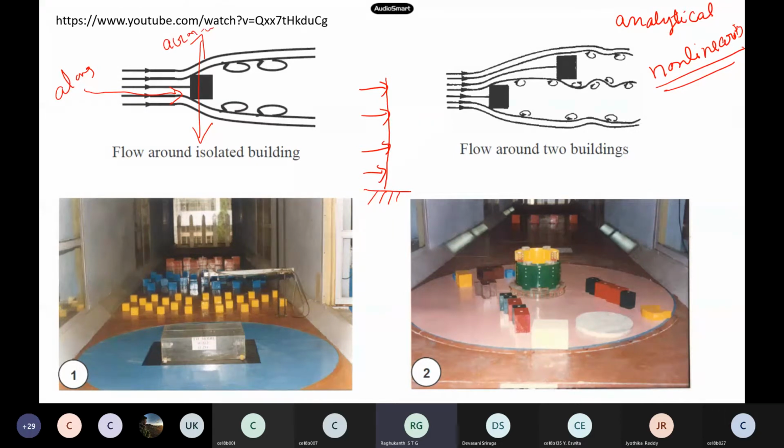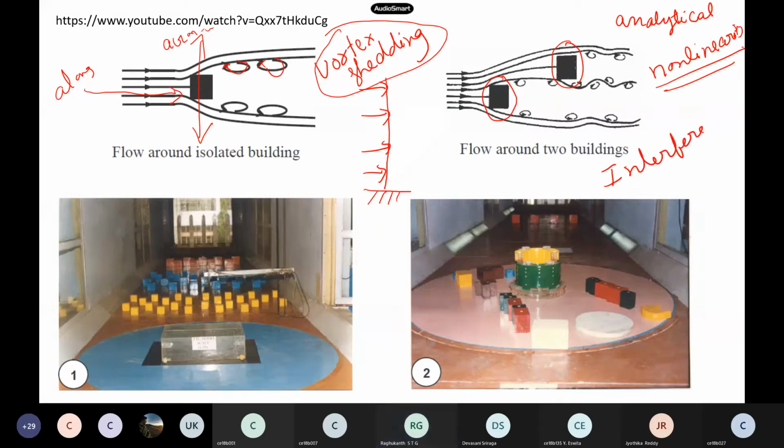And then you will see that video also. You have seen some small vortices get formed, vortex shedding they say. Because of this perpendicular vibration, perpendicular to the direction of the wind, you will see these types of features also, vortex shedding, and so many things will be there. And suppose I have a building here and another building nearby, then things become much more complicated, and we also call this the interference effect.